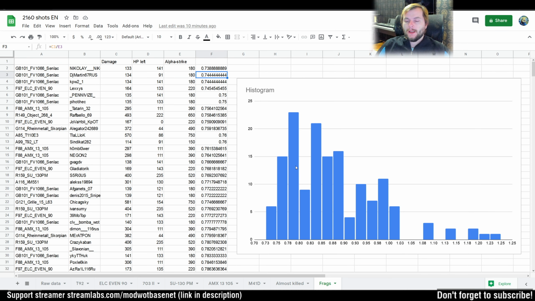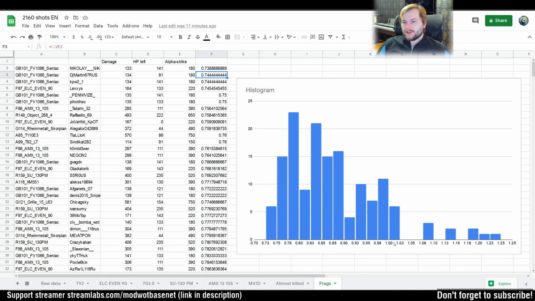What we see here is a large deviation to the left side of this histogram, which tells us that if some tank has more than 103% of your current alpha, so for example, your alpha strike is 100 and this tank has more than 103 HP, so 100% is your base damage, 125% is maximum damage, and 75% is the lowest damage possible.